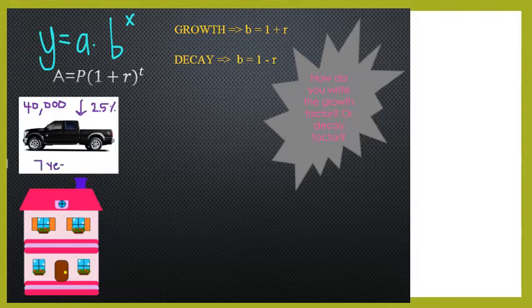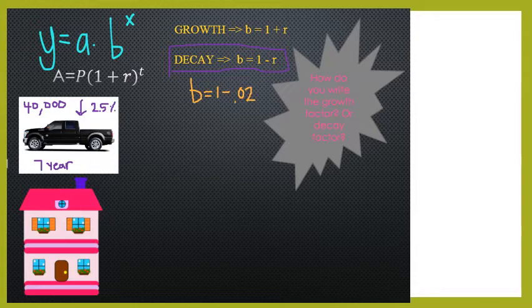Okay. So here we go. Again, we're using the same formula. It's just now we have a decay situation, so we're going to end up subtracting our rate from 1. I'm going to grab a different color because that's kind of hard to see. So here we go. Our decay situation. Step 1 is to calculate your B. So B equals 1 minus our R. Our R in this situation is 0.025.